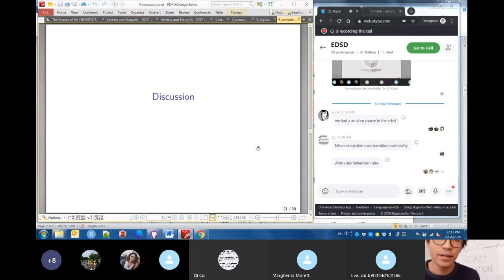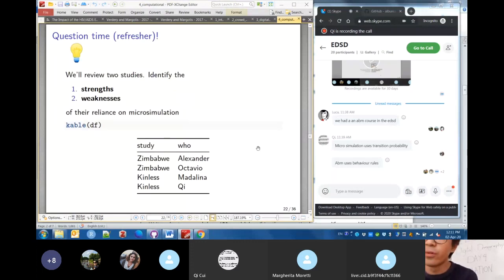Welcome back, everyone. I hope you managed to stretch a bit. What I would like us to do now is the same exercise we did yesterday, just with different people. Let's take 5 minutes again so that you have time to think about the strengths and the weaknesses of the way these two studies use microsimulation data.